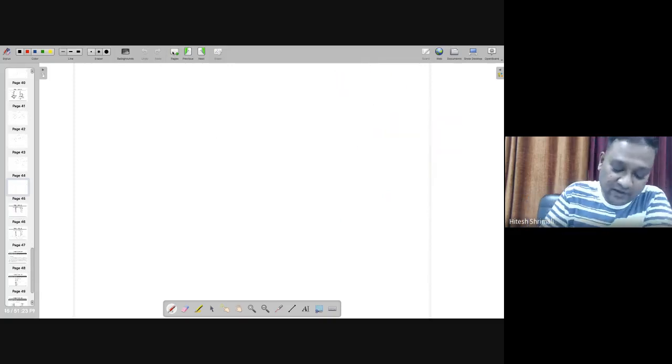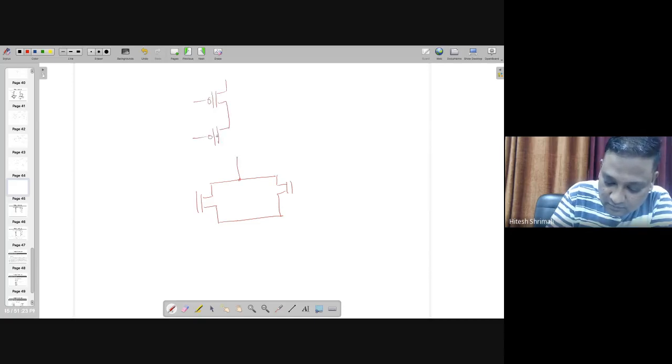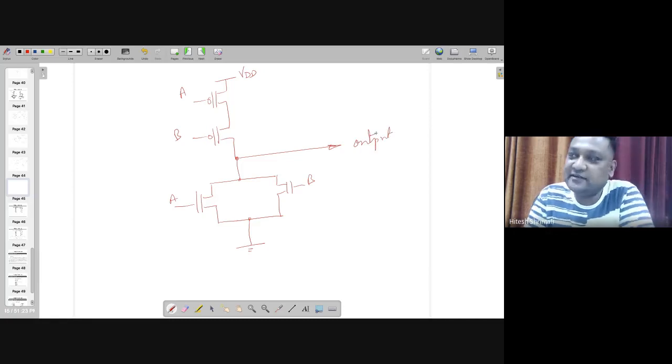So, maybe if there is a NOR gate, where inputs are A and B, and this is VDD, this is A and B. So now I need to find out the sizing.